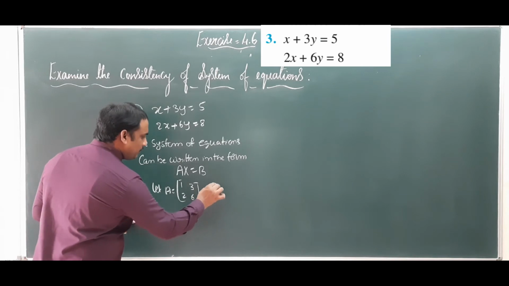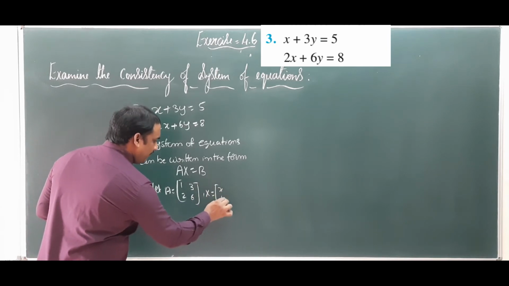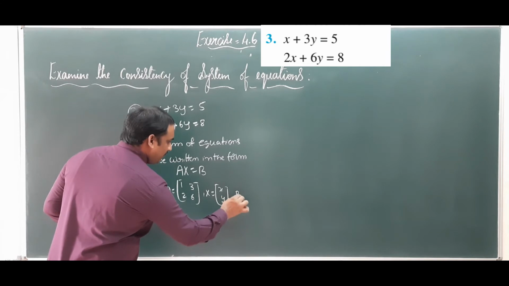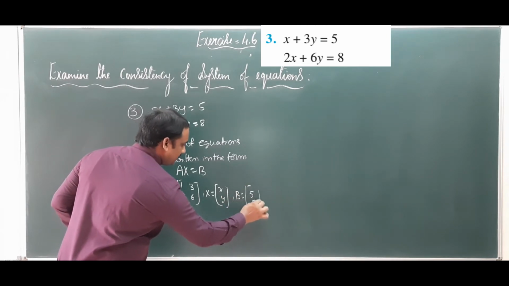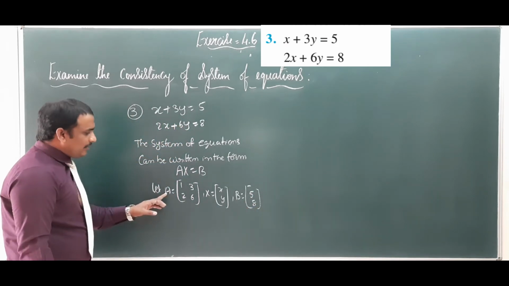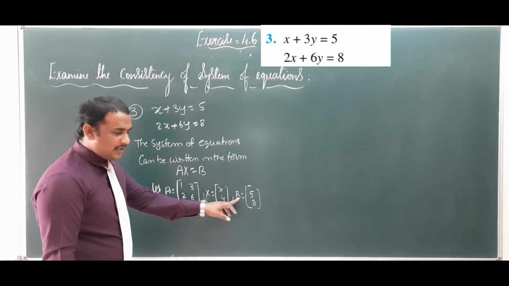X equal to x, y. B equal to 5, 8. Here A matrix, X matrix, B matrix.